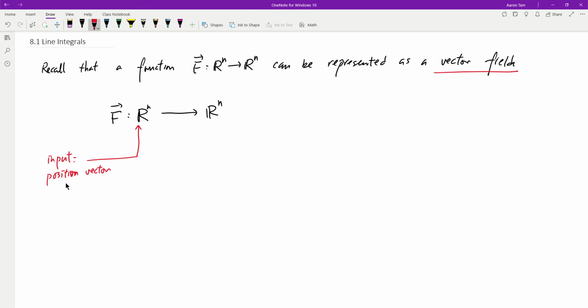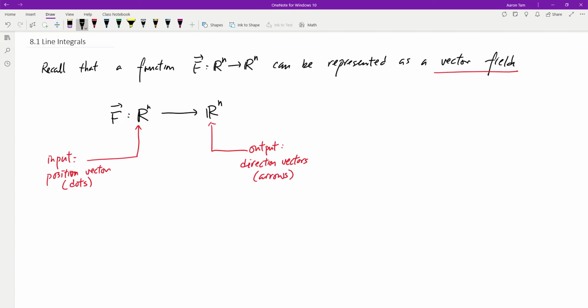And graphically, we'll represent them using dots. And then the output of the function, we will define as direction vectors, and they will be represented using arrows.